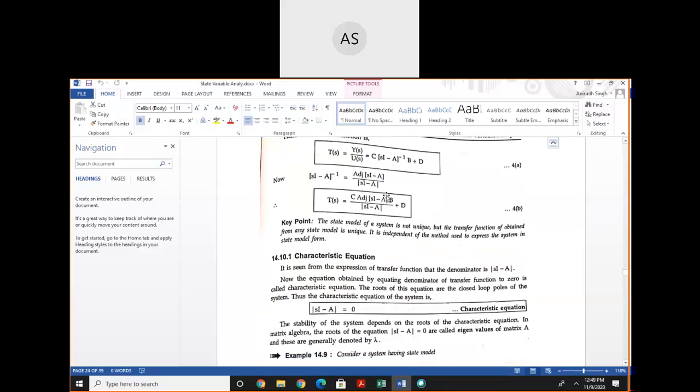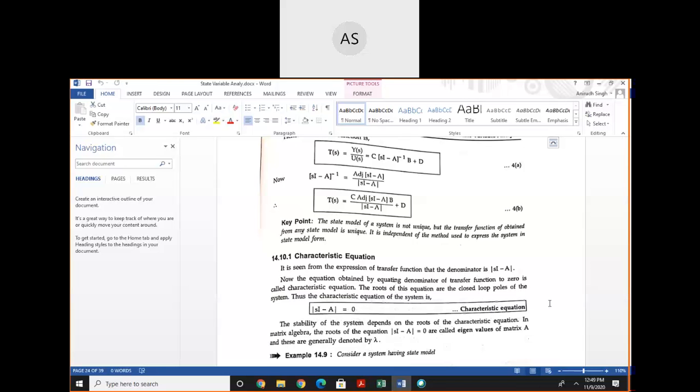This is the equation for the transfer function, and we know that if we equate the denominator of the transfer function to 0, then we get the characteristic equation. So in this case, if we equate the determinant of sI minus A to 0, this is the characteristic equation. And we know that the stability of a system depends upon the roots of the characteristic equation.